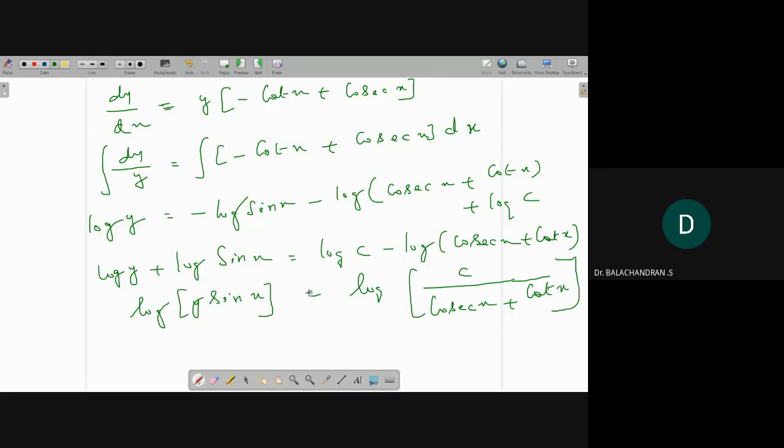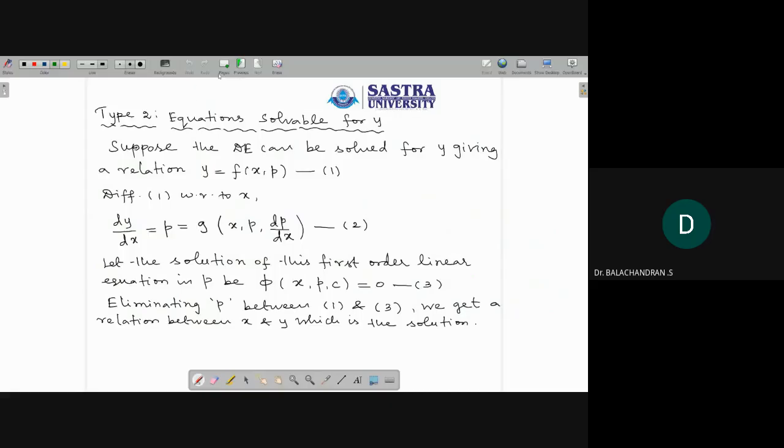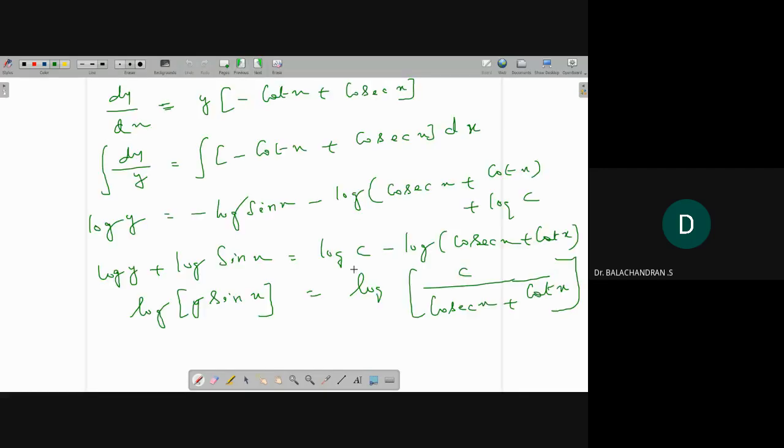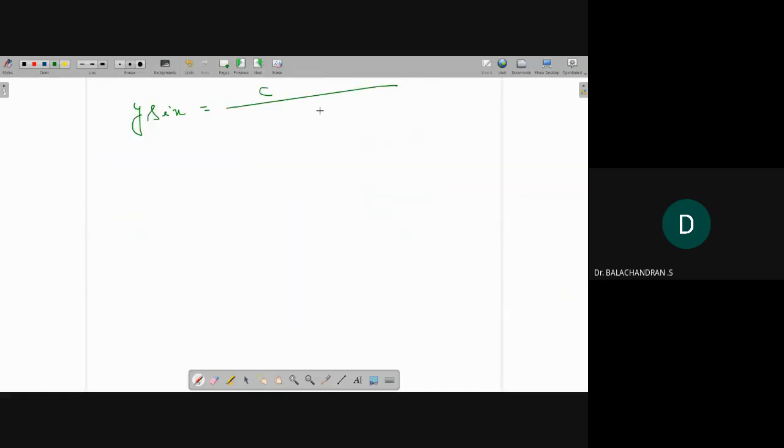So log gets cancelled. So y sin x is equal to c divided by cosecant x plus cot x.